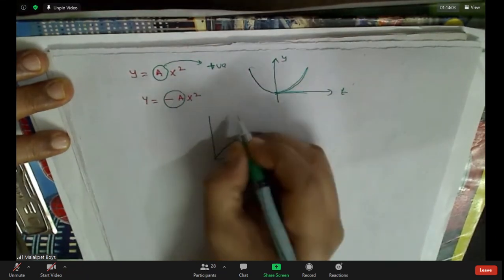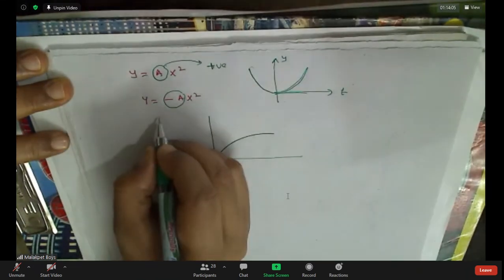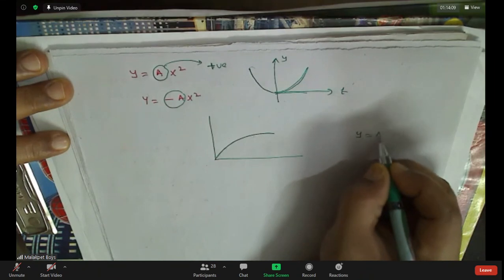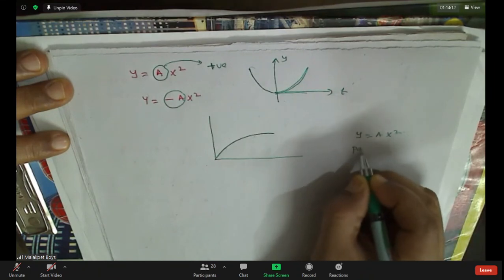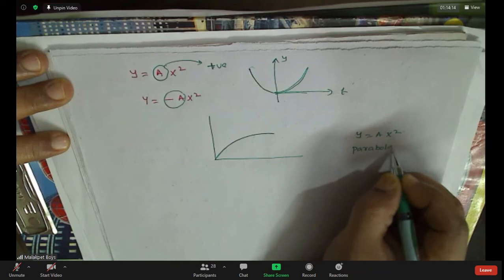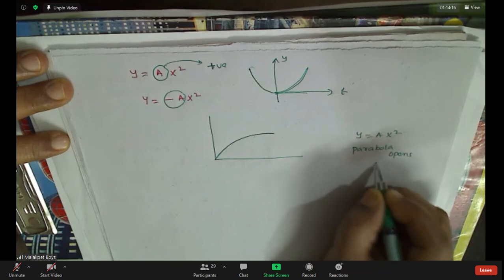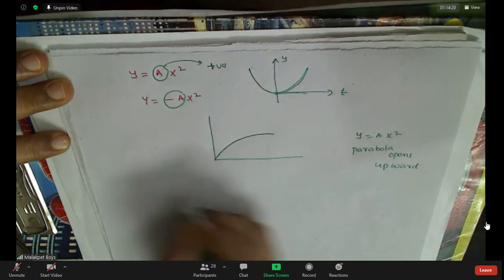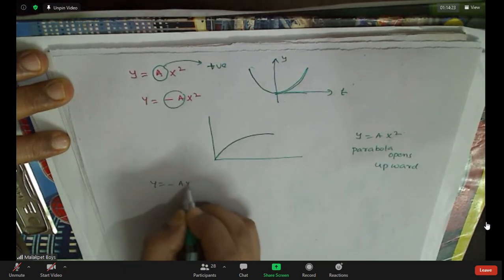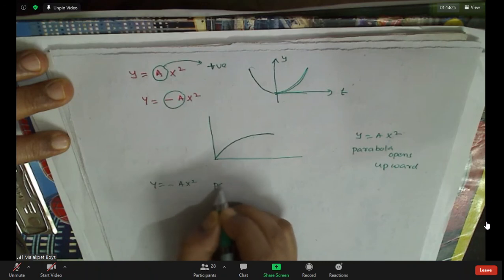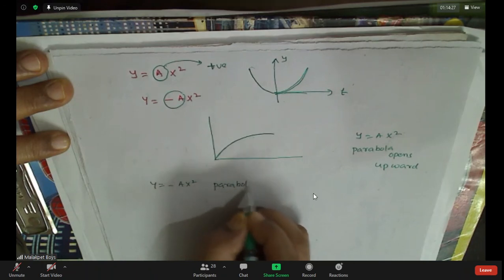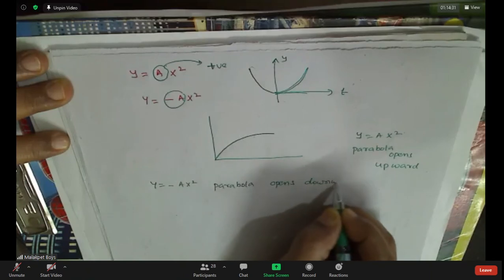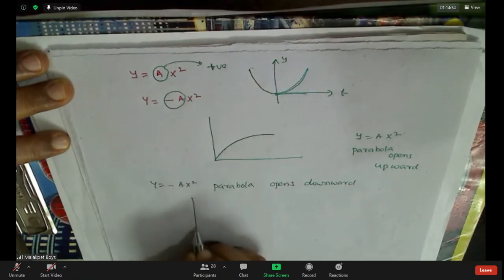Okay, is this followed or not? So we call it a parabola that opens upward. Parabola opens upward. And y equals minus a x square, the parabola opens downward. That means it will be something like this.